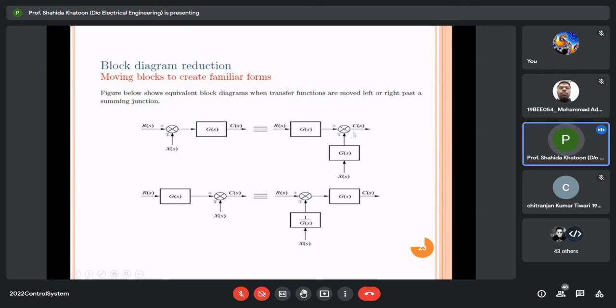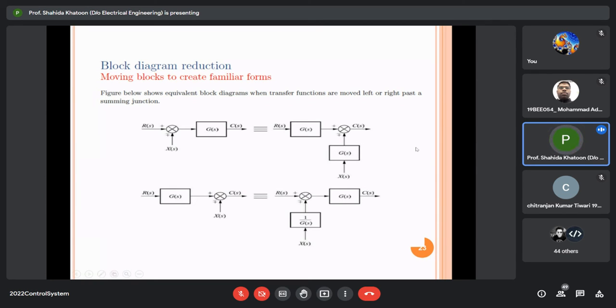We are allowed to do it, but we have to add a block here and multiply that block by G(s). Similarly, if we want to move this block ahead of this summing point, then you can do this. The only requirement is that you have to take 1 by G(s) at this block so that the output remains the same.